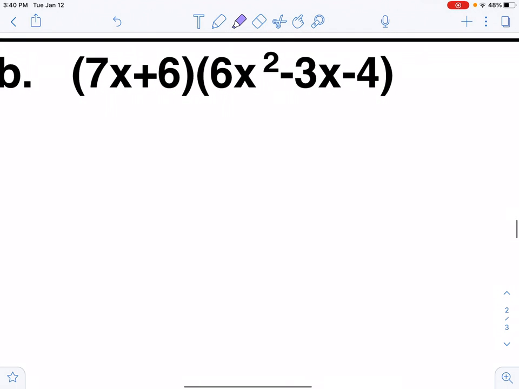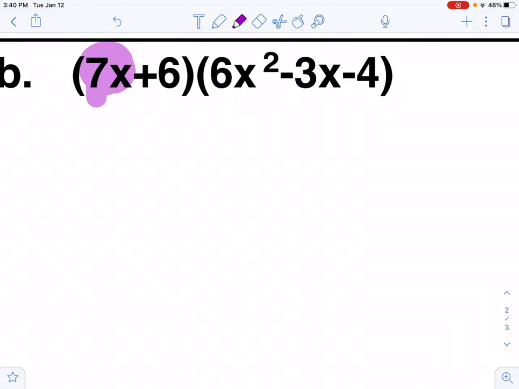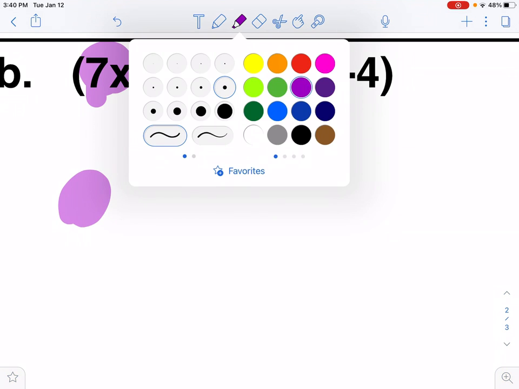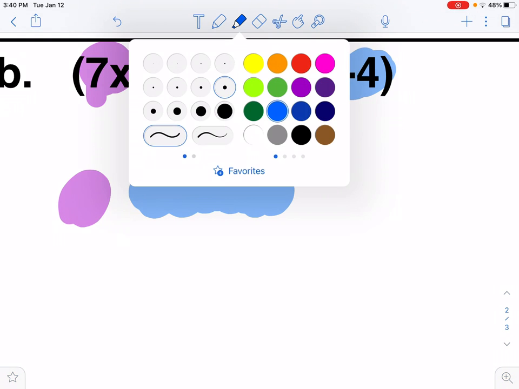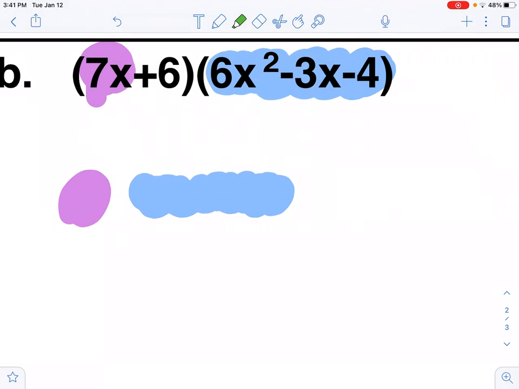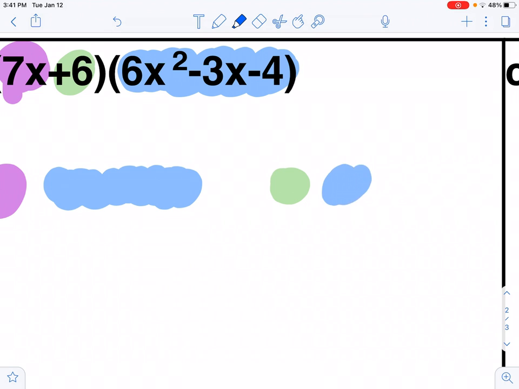So again, for expanded, I'm going to take 7x times this whole thing and I'm going to take 6 times my whole thing.